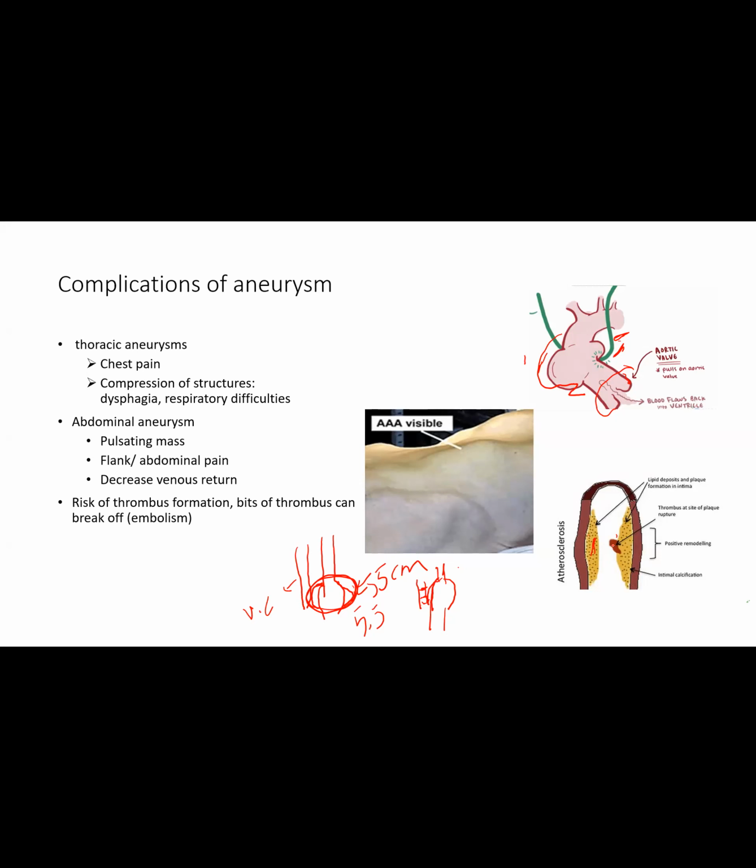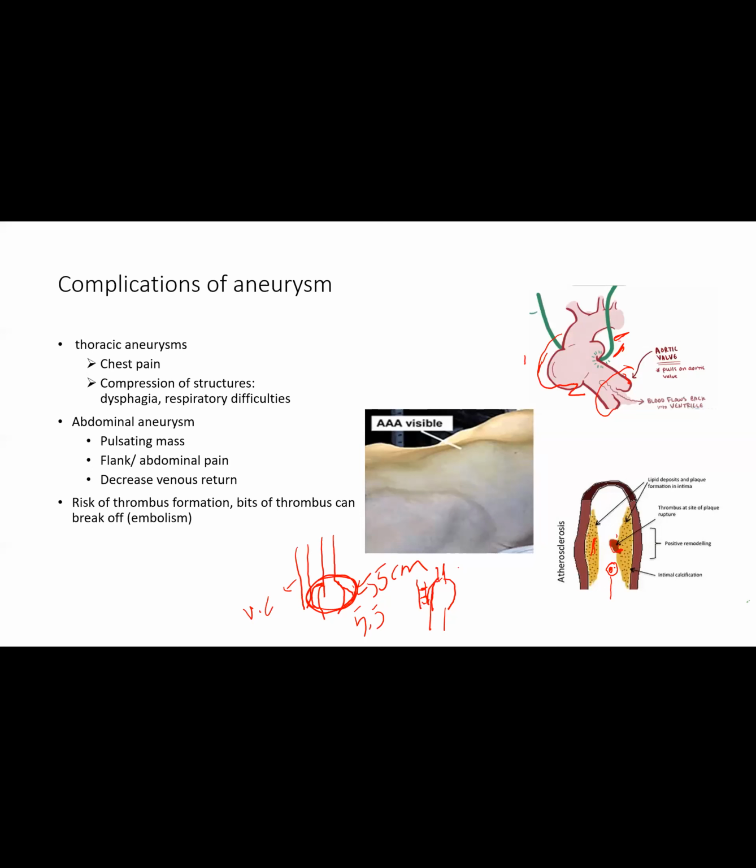Let's say this is the thrombus, and then part of this breaks off, these small bits, these sections are the emboli. They circulate in the bloodstream, and the small emboli lodge in small vessels, small arteries, and occlude them, causing ischemic damage to those small arteries.